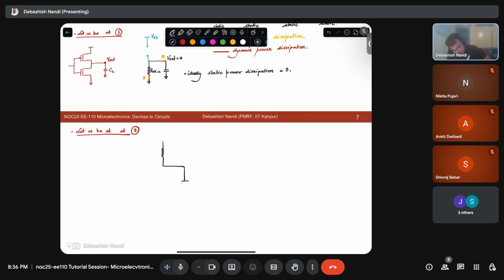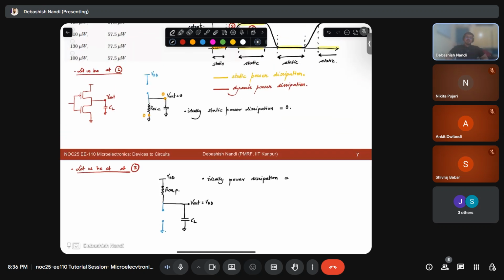That means I have something like this: this is CL, this is V out equal to VDD, and this is VDD, and this is R on of P. So what is the power dissipation right now? This is very easy.